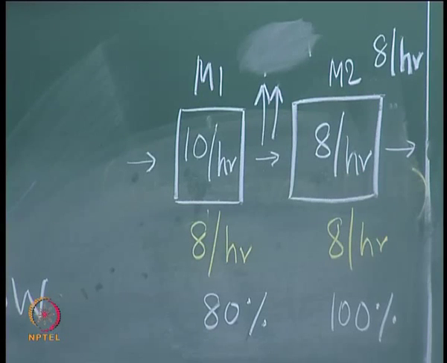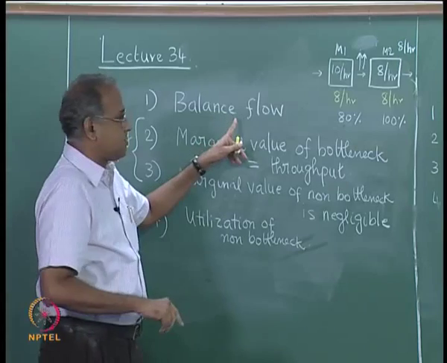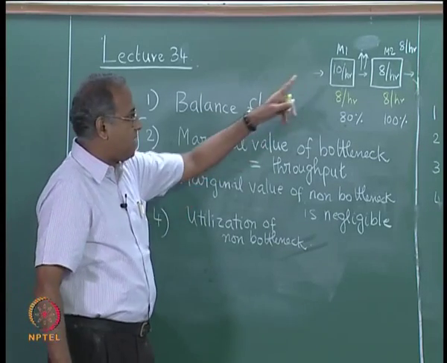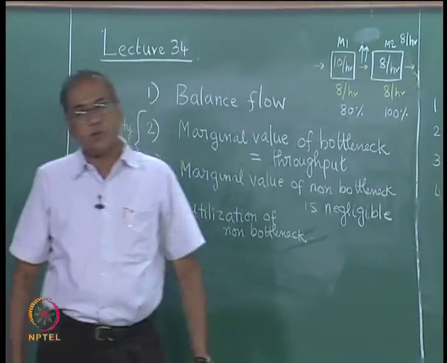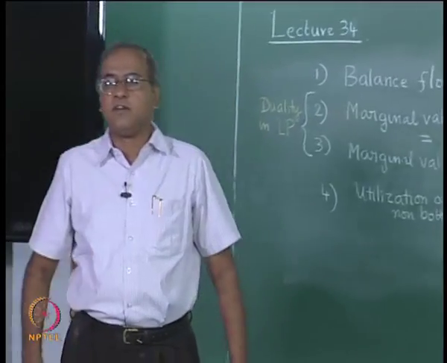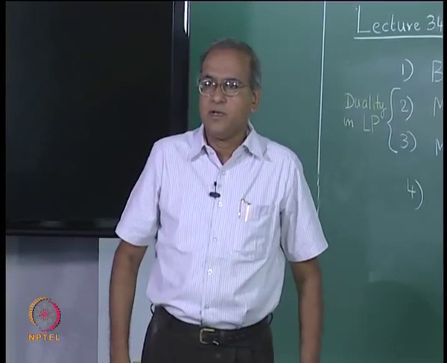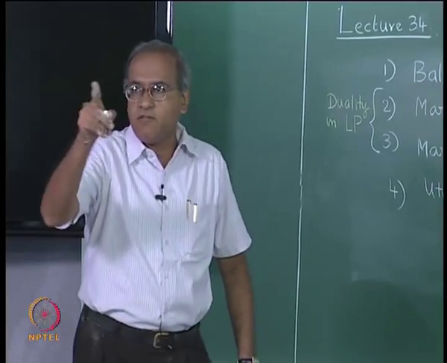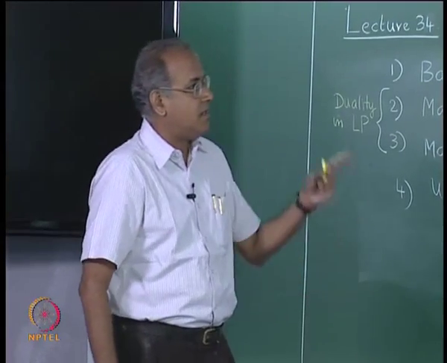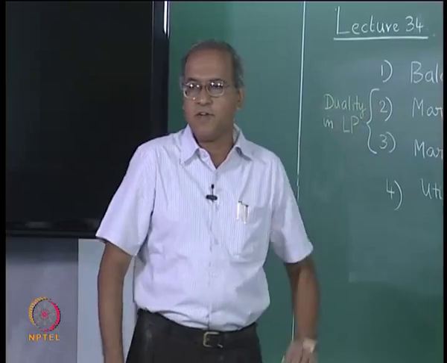Now, the reason this became 80% is because of the first principle. If we had allowed this to produce 10 per hour, then this would also show a utilization of 100%. In such cases, SM5 will talk about that principle, activation.